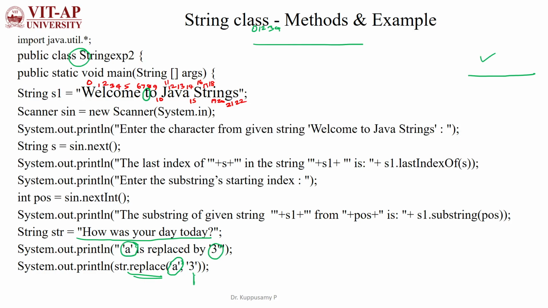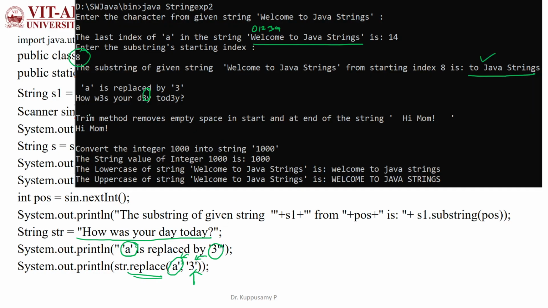So I am passing the 3 here. This is the existing character and this is the replacing character. As per this, the output is given here. In that, a is replaced by 3. You look at that, wherever a is available in the given string, it is replaced by 3.